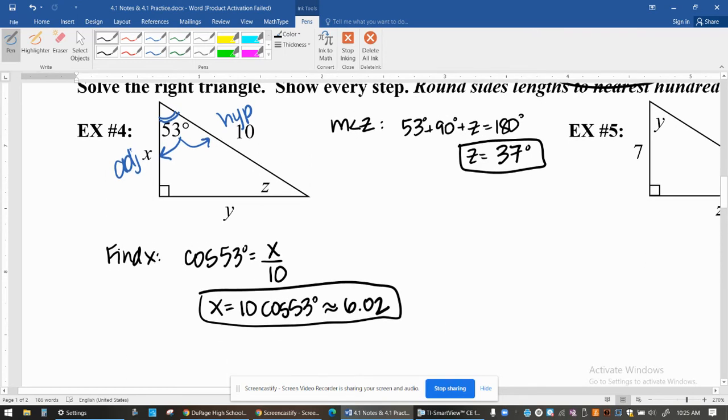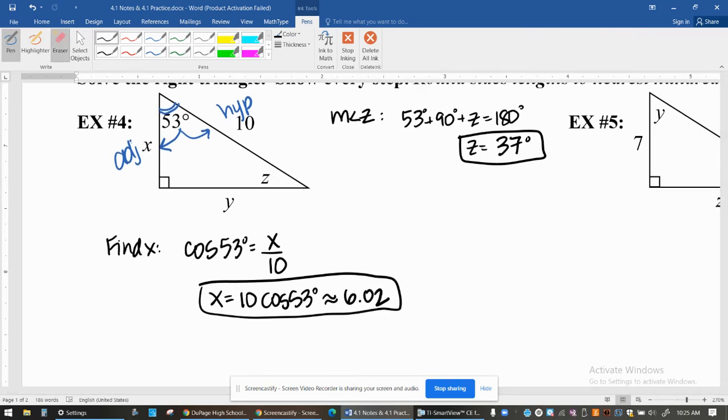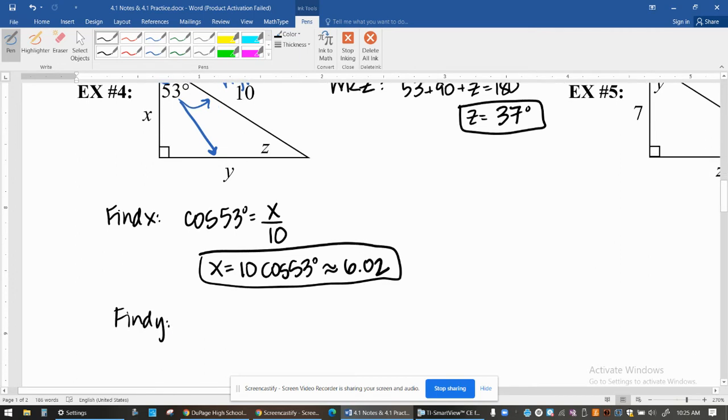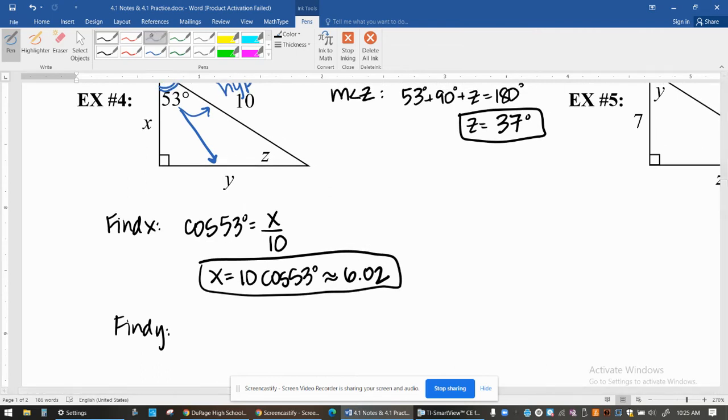All right, so now I'm going to go back and use my 53 degrees, but instead of using x, I'm going to use y to find the value of y. So if I use y, it is the opposite from the angle. So now I'm going to use sine because sine requires the use of opposite over hypotenuse. So sine of 53 degrees equals opposite over hypotenuse.